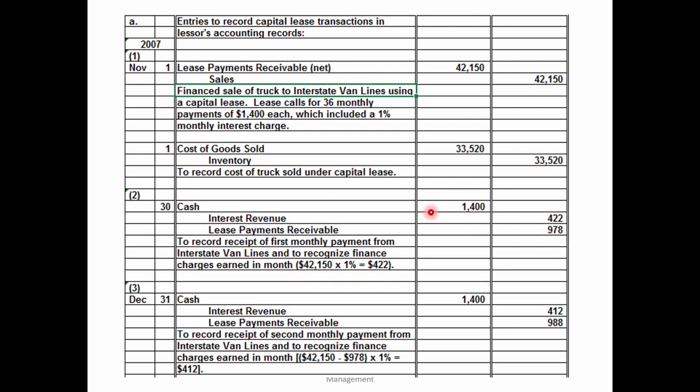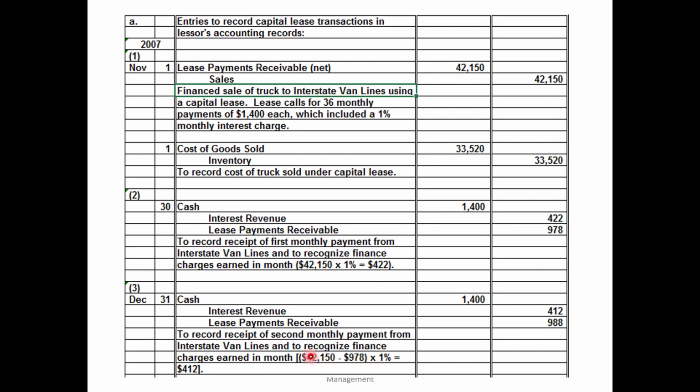Now, what will happen? The amount of the loan would not be 42,150. We are going to subtract 978, so this amount is going to reduce. So now we will calculate 1% on the reduced amount.